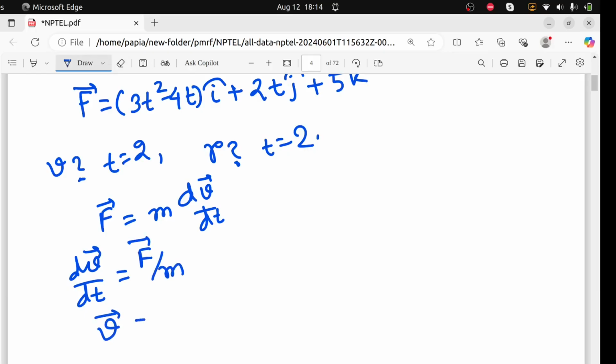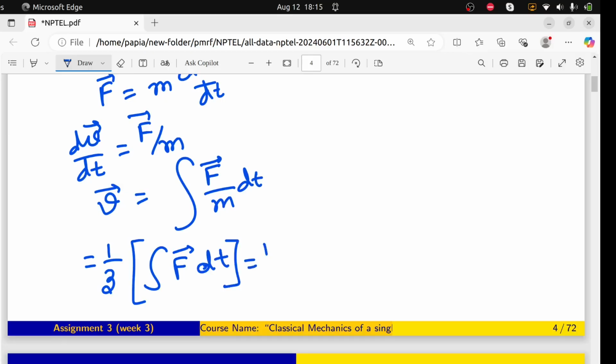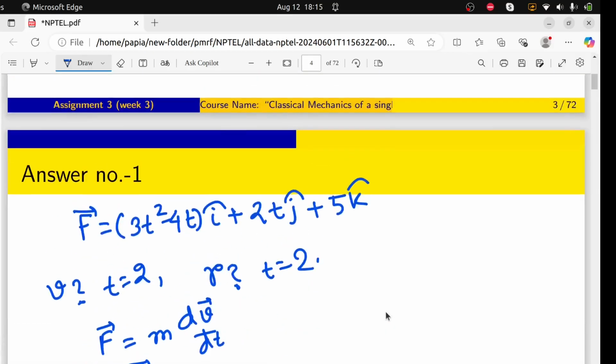So v will be the integration of F by m dt. Okay, so I can write here 1 by 3, since m was 3. So it is like 1 by 3 integration of F dt. What is the integration here?